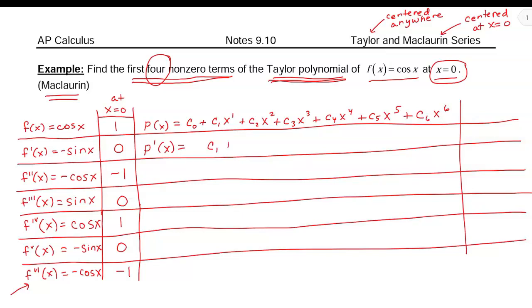The next term is 2c sub 2 x plus 3c sub 3 x squared plus 4c sub 4 x to the third plus 5c sub 5 x to the fourth plus 6c sub 6 x to the fifth.